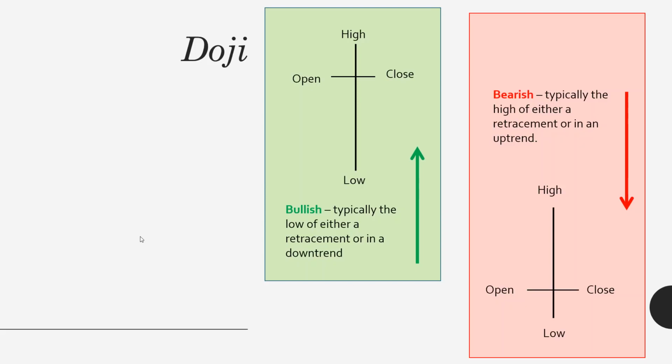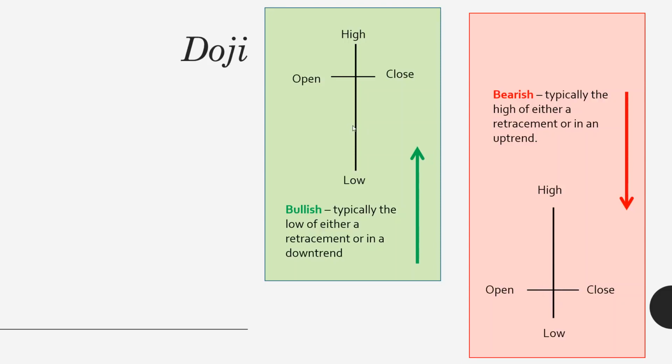Now, a doji shows you that the open is equal to the close. A bullish doji will always have the open and the close at the top of the doji, in the top percentile. Whereas a bearish doji has the open and the close equal to one another, but they will be at the bottom of the candlestick.